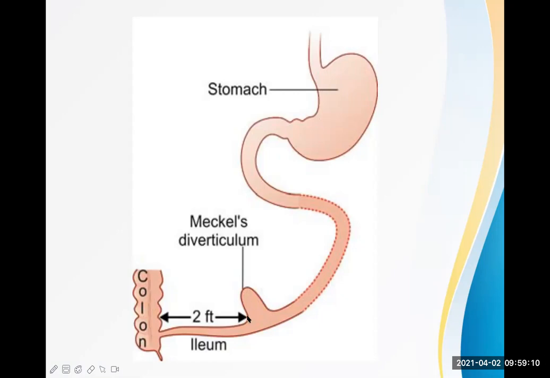It is present on the anti-mesenteric border. For example, here on this side there is the attachment of the mesentery. Mesentery is a fold of peritoneum which supports the small intestine. So it is present on the other side of that, the anti-mesenteric border. See this, it looks exactly like this.